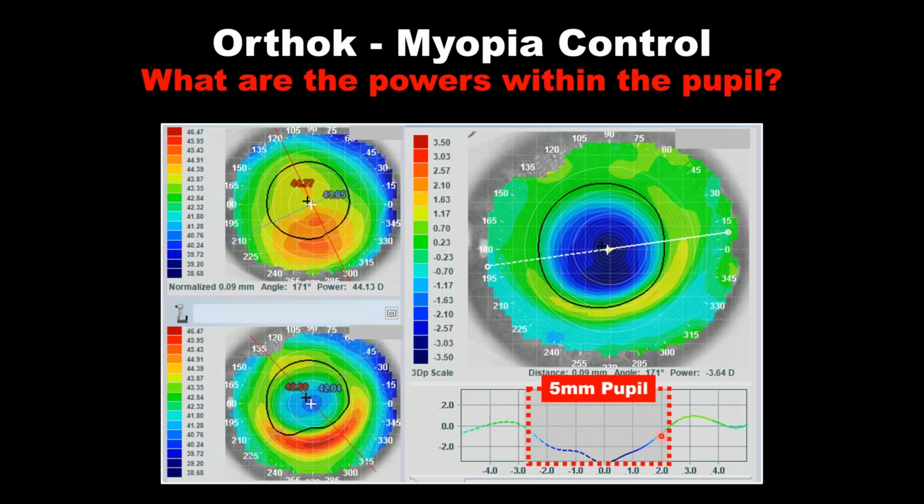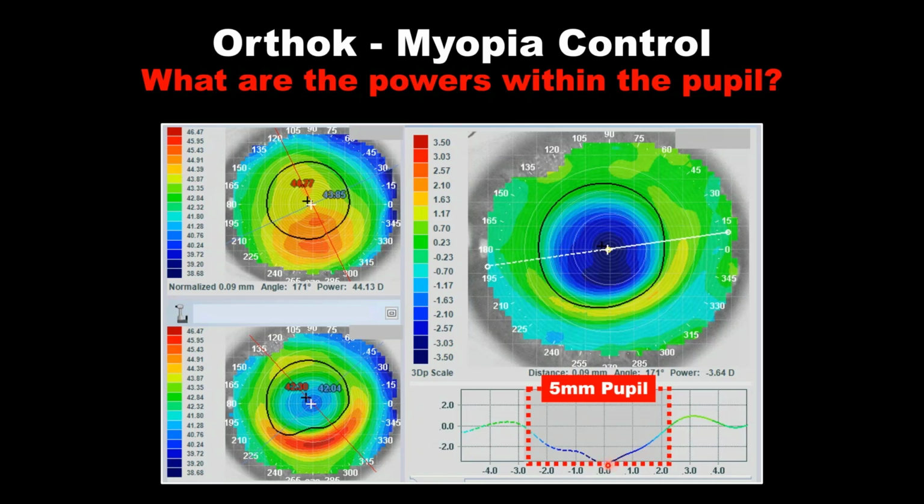If this were LASIK surgery or some kind of refractive surgery, we would hope that we'd have this massive treatment zone. We'd have very little change from the most minus to the edge of the pupil border. We don't want a small treatment area. We want a huge treatment zone. In myopia control, it's the opposite.